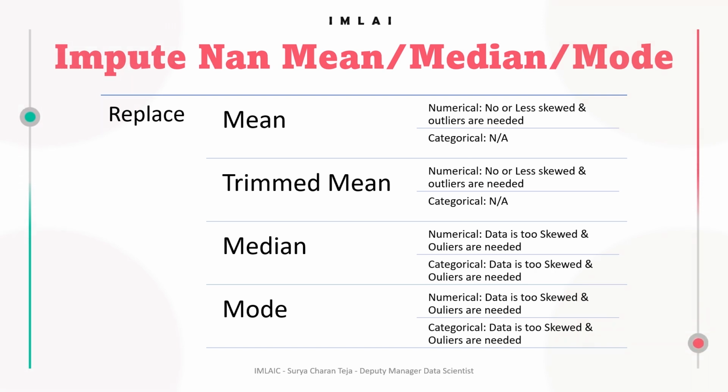It's always recommended to impute missing values with an appropriate substitution. So what is that appropriate substitution? That's what we'll be seeing here.